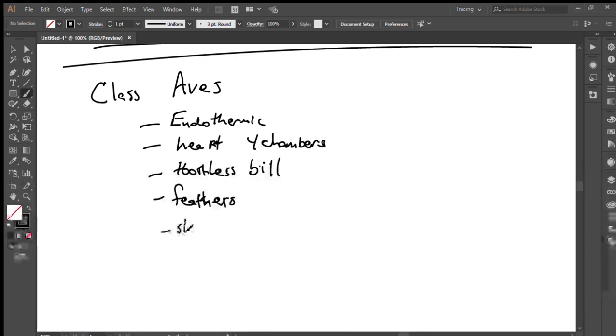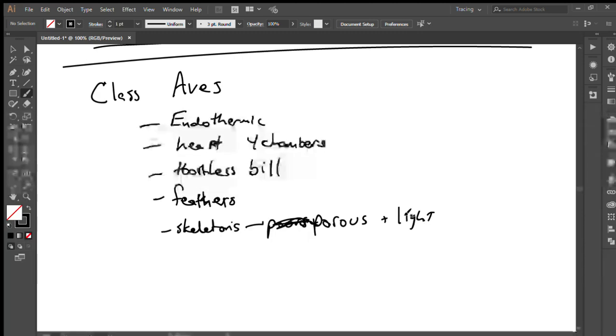Skeletons of birds are very different. For those birds that fly, now they notice we don't say fly is on the list because not all birds fly. You can think of penguin, you can think of ostrich, things like that, emu. But in the ones that do fly, they're porous and light.